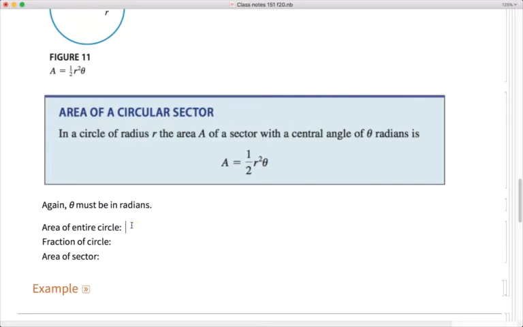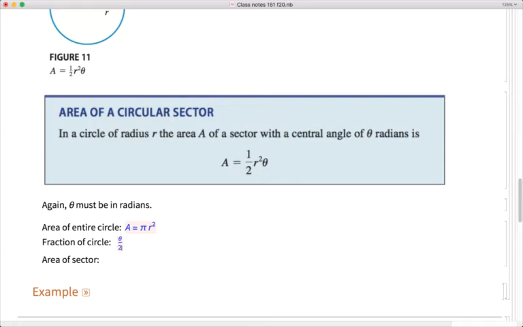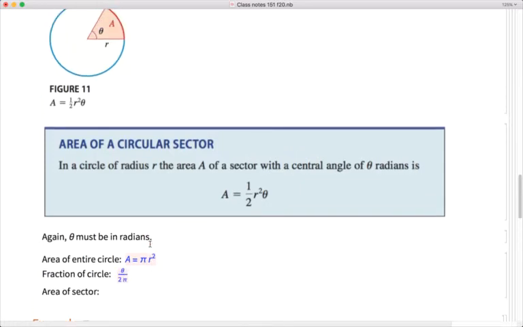Okay, so the area of the entire circle, remember that's pi r squared, and then we're looking at the fraction. Because we're in radian measure, the fraction of the circle is theta divided by 2 pi. 2 pi is all the way around, we're only going theta around. That's the fraction of the circle that we get.